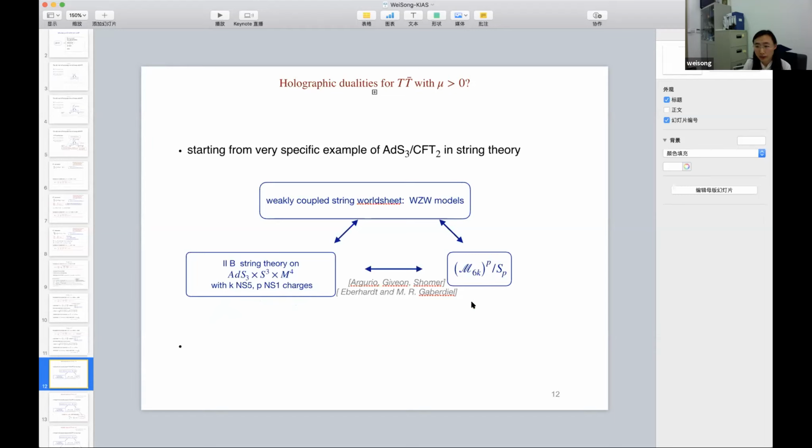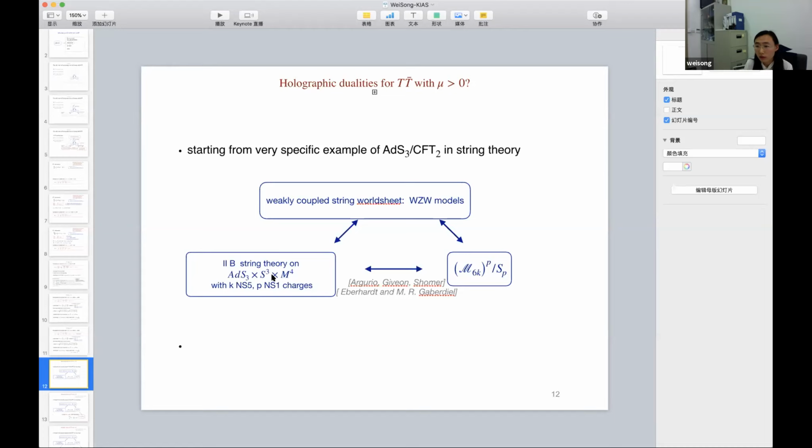You have the seed and you make p copies and do the symmetric product. There is some evidence showing that the spectrum matches, and there's also some evidence for the correlation functions. In particular, at k equals 1, it seems that there is more evidence for the proposal.